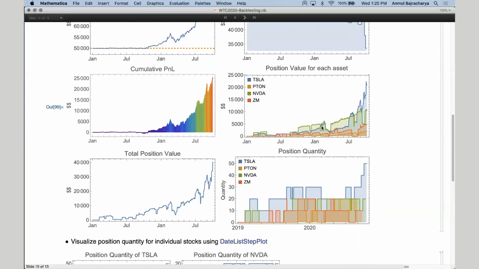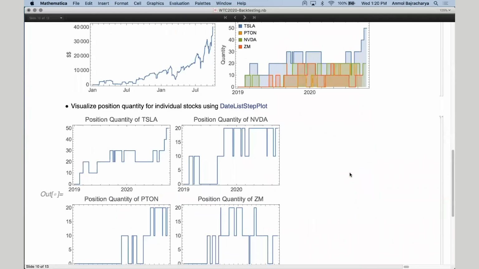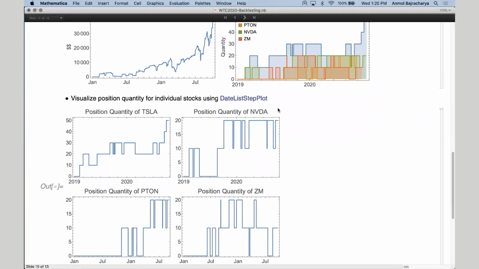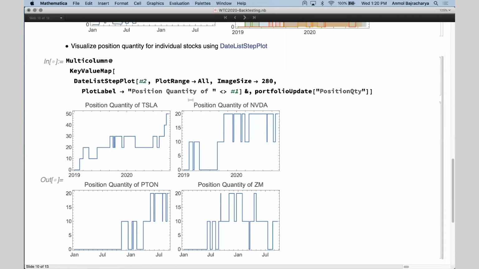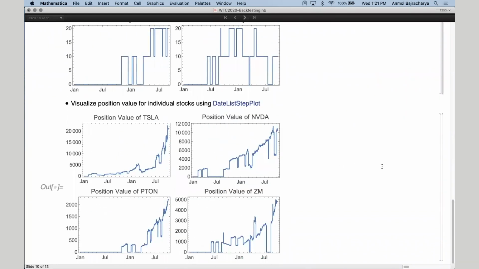Here, this position value and quantity is kind of cramped up. So if you want to see this individually, then you can also use the depth plot, and I think I used key map value to get this plot. So this is the position quantity of all the stocks, and this visualization is the position value for all the stocks we have.